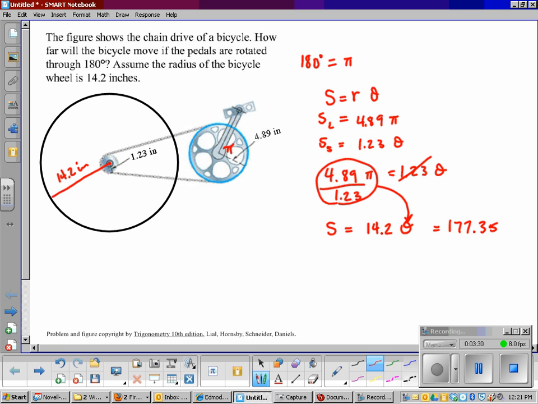And the units on that arc length would be inches.